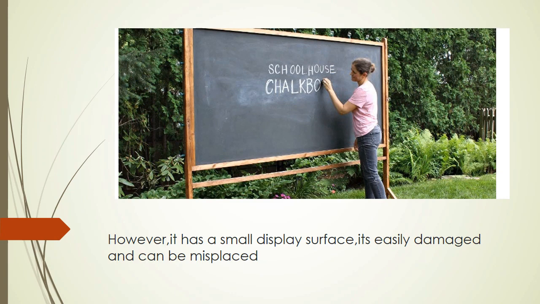It has a small display surface, so it's limited in what you can put on it. It's easily damaged and can be misplaced. Because it's portable, you can move it out maybe in the fields, and after finishing with it, sometimes you can forget it, so it can be damaged outside there, or you can misplace it.